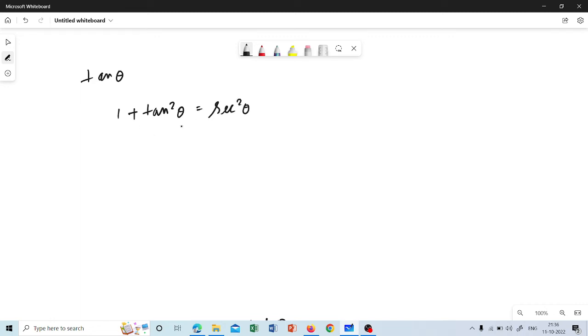Now taking the 1 to the right hand side, tan square theta is equal to secant square theta minus 1. Similarly tan theta is equal to the square root of the right hand side, secant square minus 1. So this is tan theta in terms of secant.